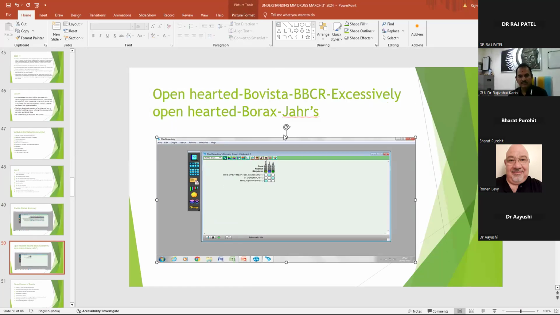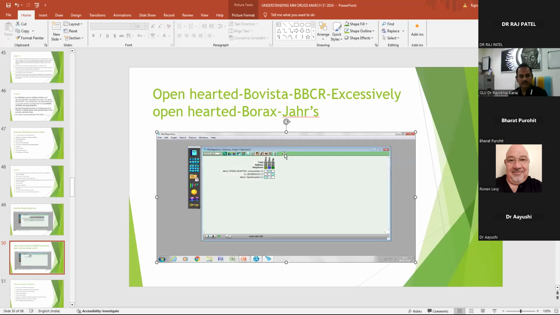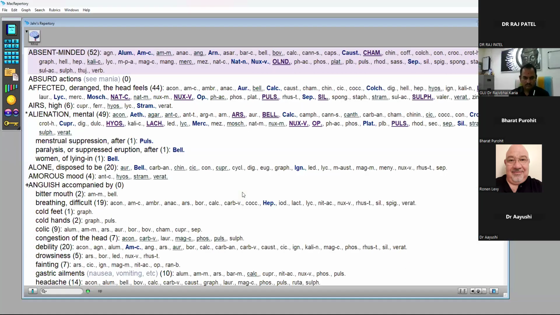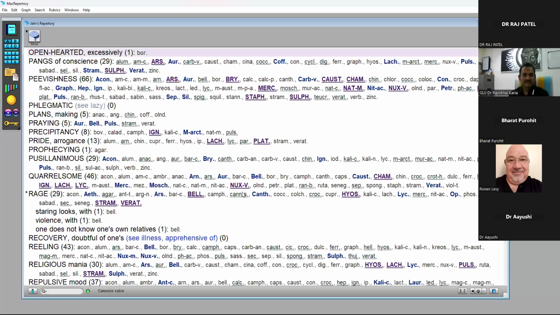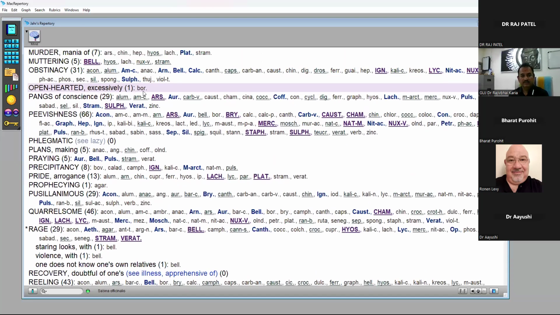Look in Jahr, one of the very old homeopathic authors. I will show you Jahr's repertory. Excessively open-hearted. See?